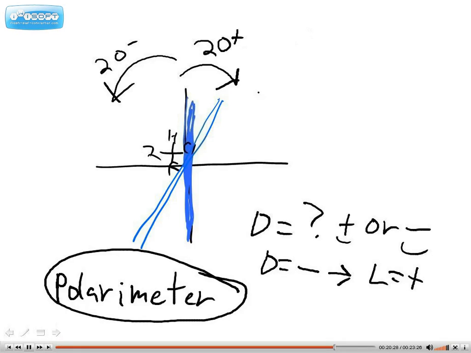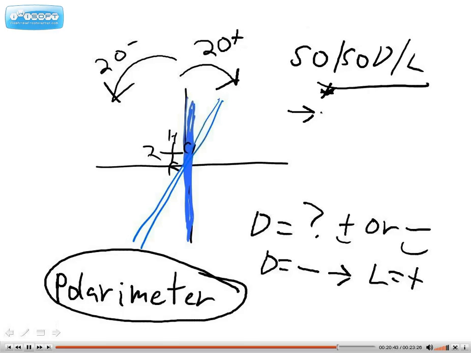Finally, what happens if we have a 50-50 mixture of our enantiomers? Then the enantiomers would cancel out rotation.